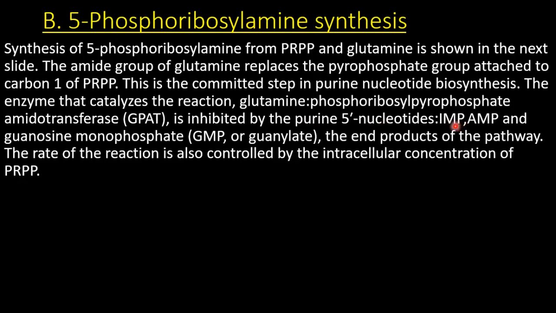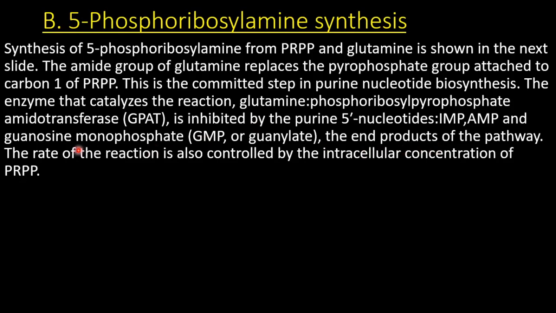The IMP will inhibit it, as well as AMP and GMP. The AMP and the GMP act synergistically, in that if both of them are in high concentration, the inhibition will be more. But if one, say AMP, is high but GMP is low, there will be partial inhibition.